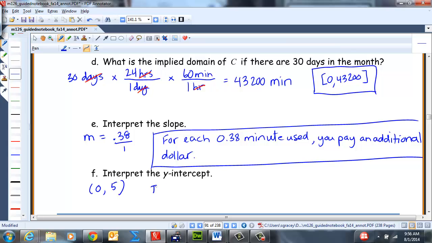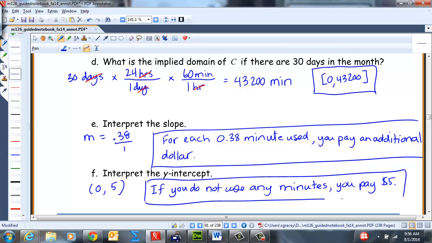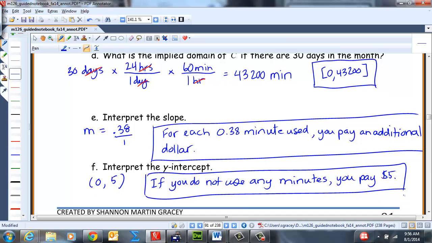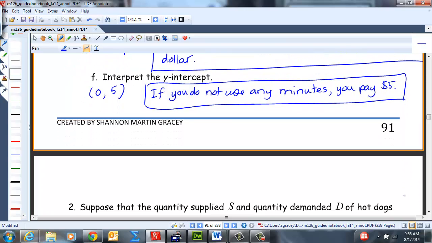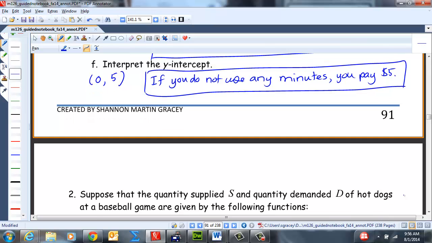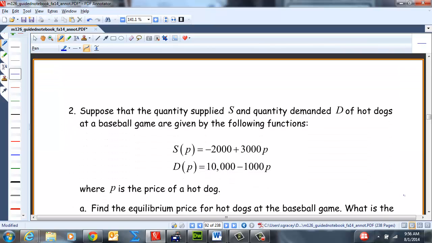So if you do not use any minutes, you pay $5. Okay, so that is the first application.